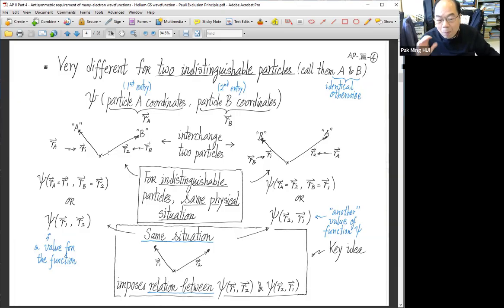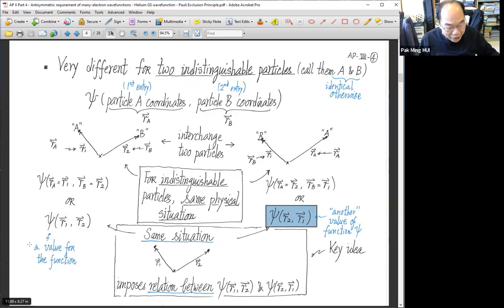So we expect some relationship between these numbers. It is a wave function of 2 variables. There are 2 numbers plugged in, and it should give out a number. So this function value has something to do with the other number calculated when you switch the 2 entries. In quantum mechanics books, it is often written simply as such: R1, R2, and then R2, R1 in the other situation.